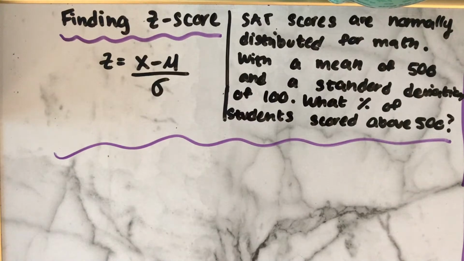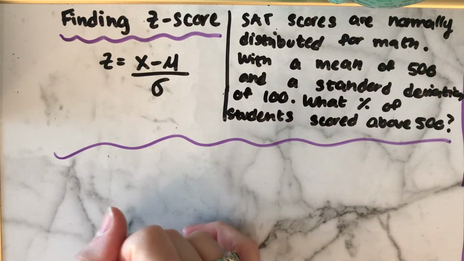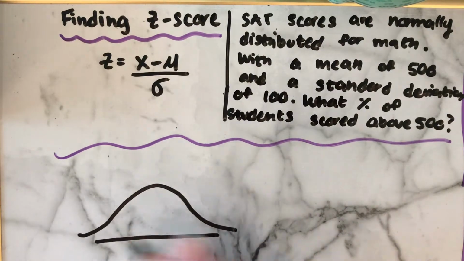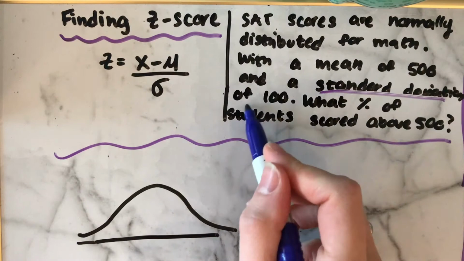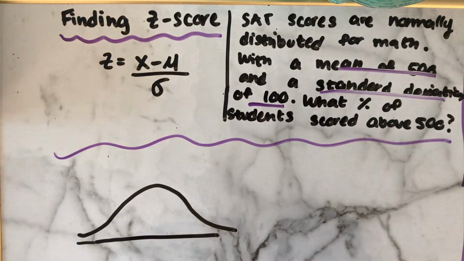So right away we want to draw out our standard deviation and our mean. If you look back, our standard deviation was 100 and our mean was 500.